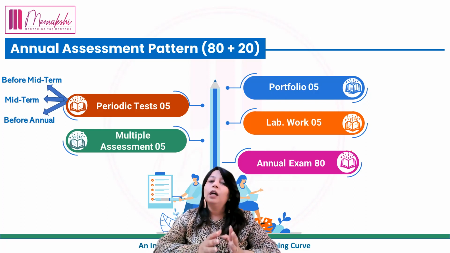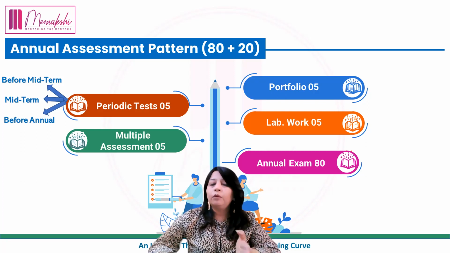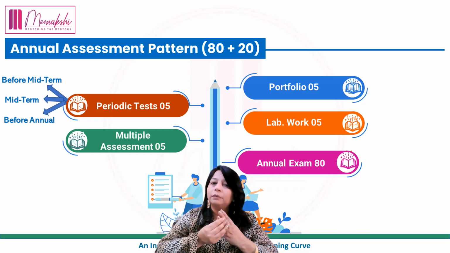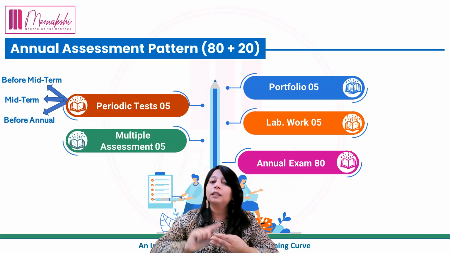In our school, usually we have 2 periodic tests or 2 unit tests in a year, and we conduct 1 midterm or half yearly exam. So in total, we take 3 assessments apart from the annual exams. You have to take the best of these 3 assessments and then calculate the marks out of 5.